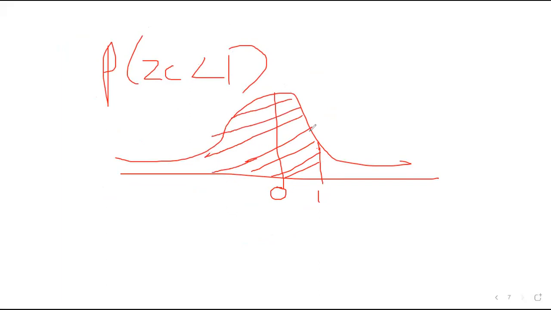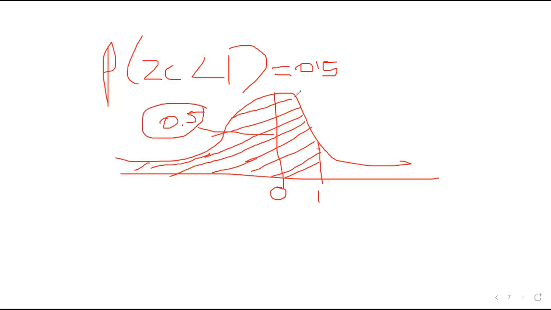The 0.5 that we shaded is 0.5, plus the probability for 1, which is 0.3413, which we get from the table.